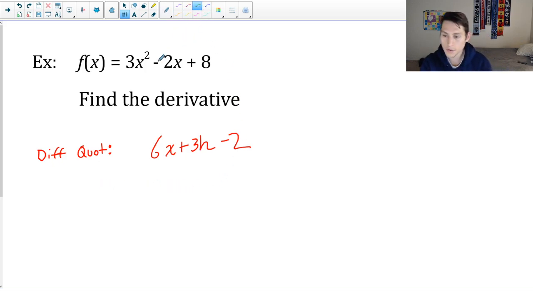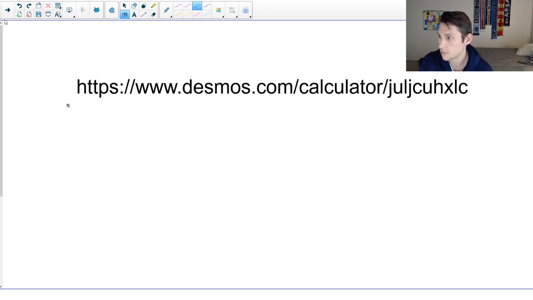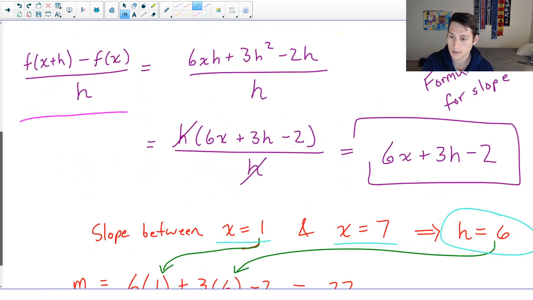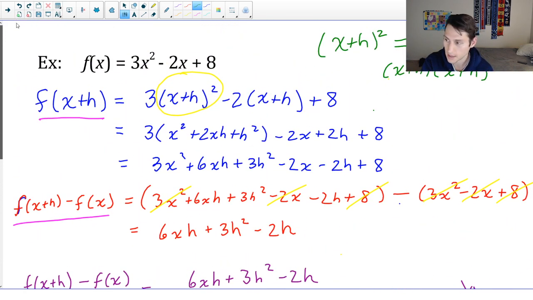I'm not going to go through the steps again of calculating the difference quotient. Whenever you have to find the difference quotient, though, you're going to have to do this whole process again. But we already spent time doing that, so I'm not going to do that again.